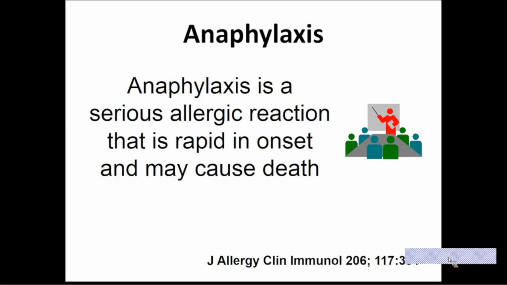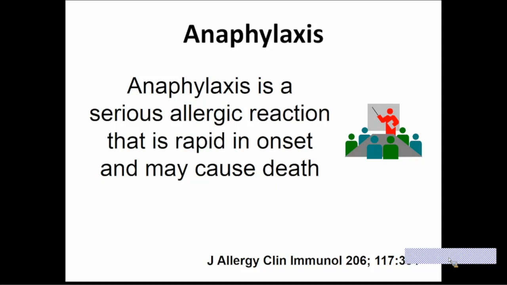So what is anaphylaxis? Back in 2006, they got a group of experts together for 4 days to wrestle with a definition of anaphylaxis, and they came up with this, pretty simple, one sentence. Anaphylaxis is a serious allergic reaction that's rapid onset and may cause death. So then I spent some good money to figure that one out.